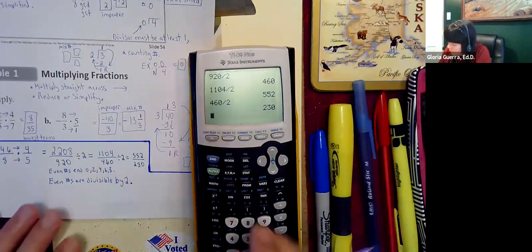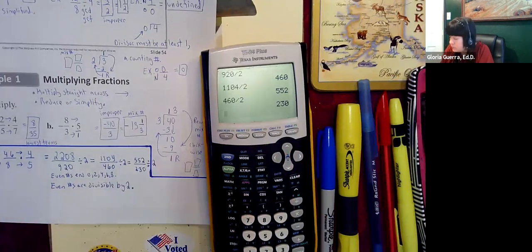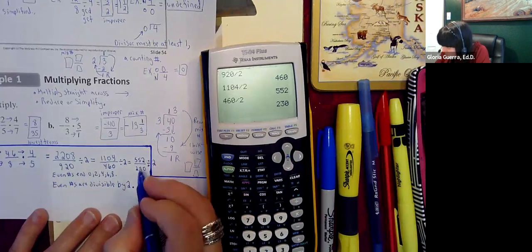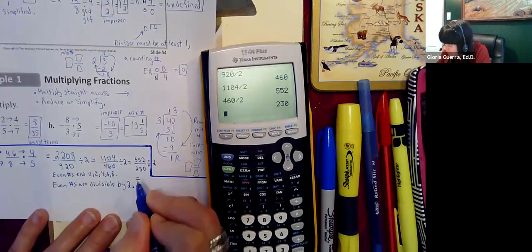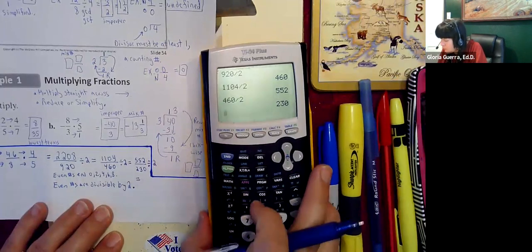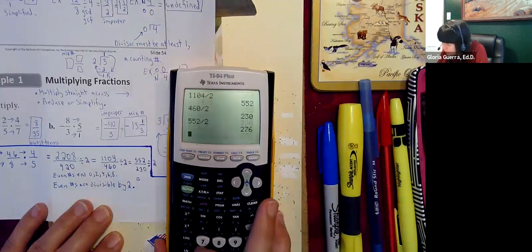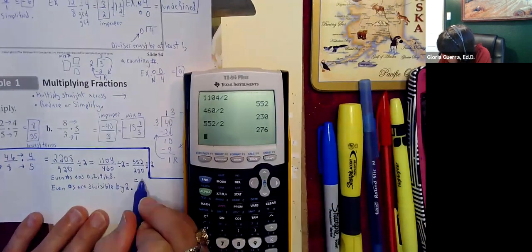So if I use my purple pen here, and I'm going to show divided by 2. And let's see, go this way, see what that's equal to. So half of 552. 552 divided by 2 is 276.